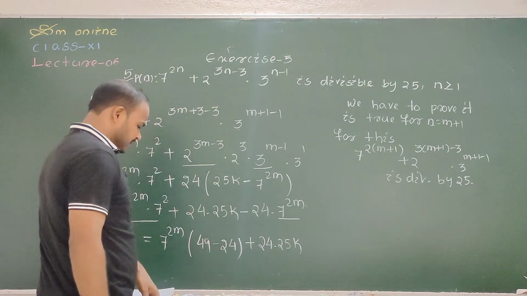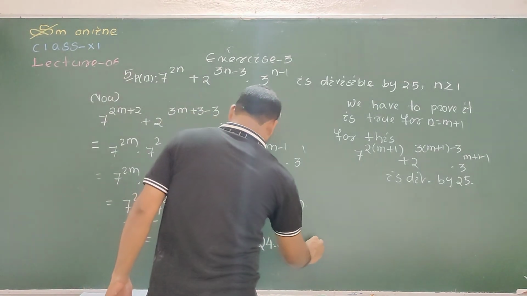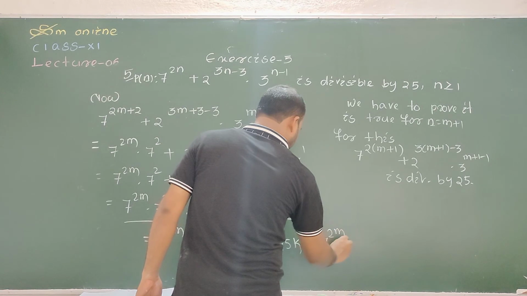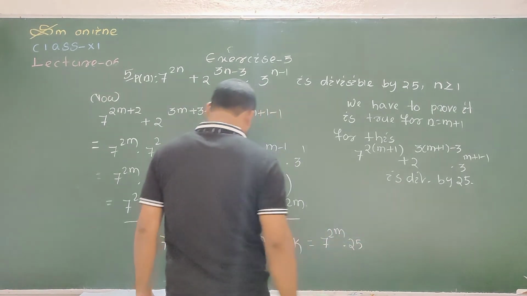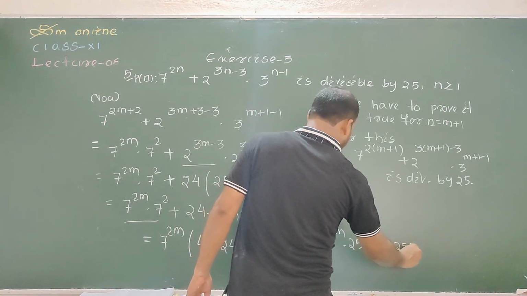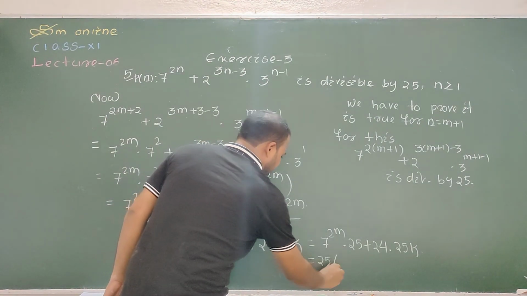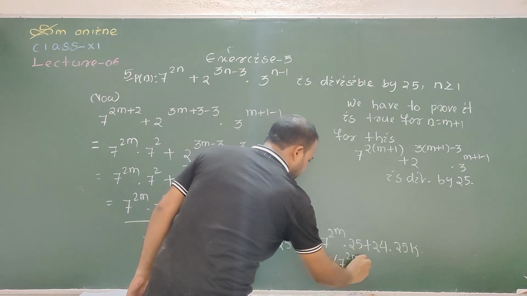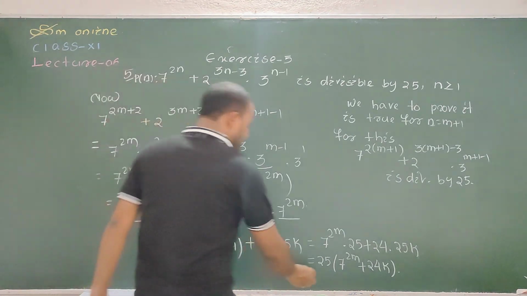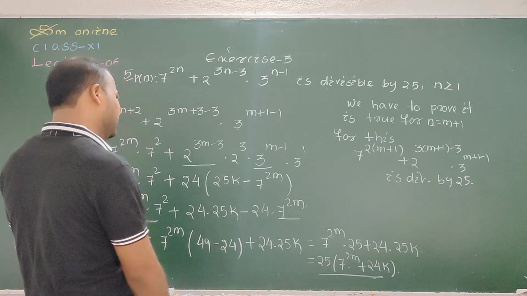And this is equal to 7 to the power 2m into 25 plus 24 into 25k. After taking 25 common, we get 25 times 7 to the power 2m plus 24k, and it is divisible by 25. Right here it is divisible by 25.